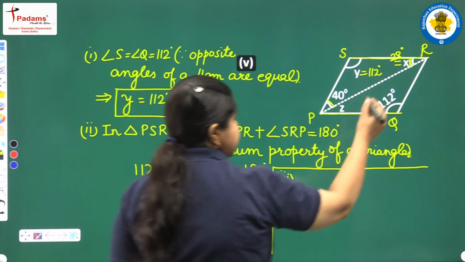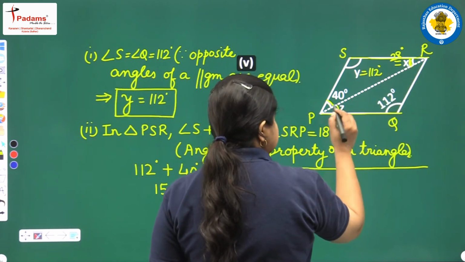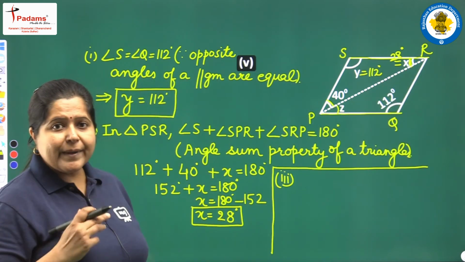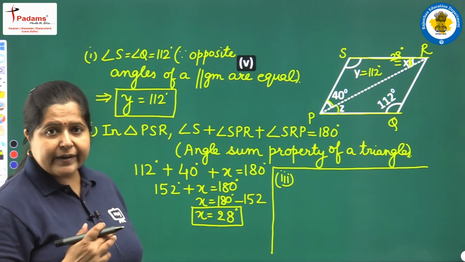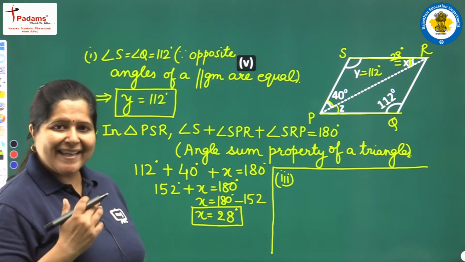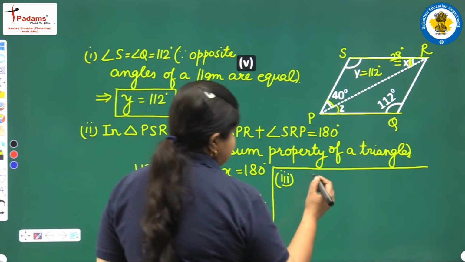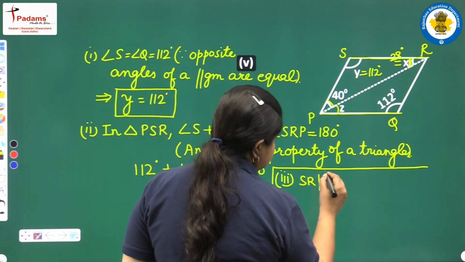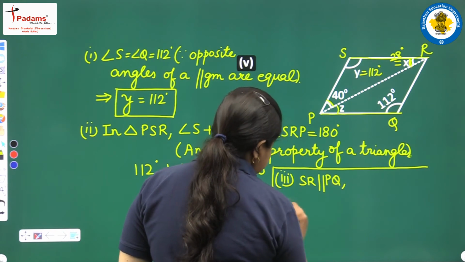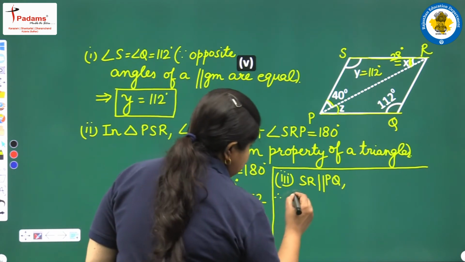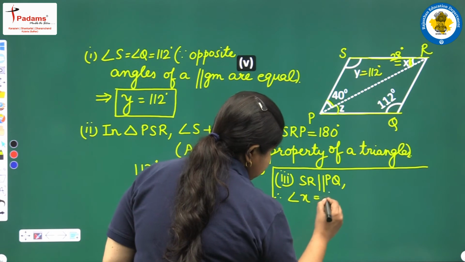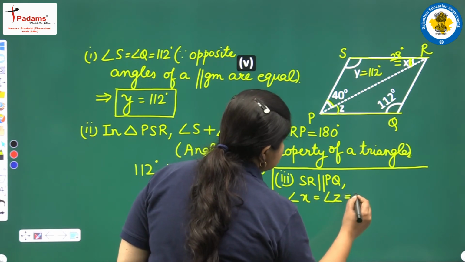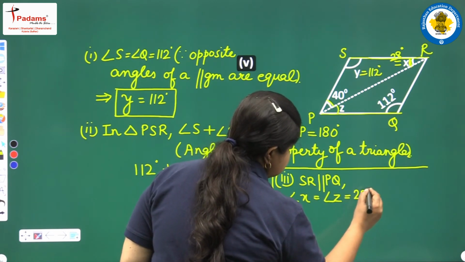So again angle X and angle Z, these two are forming a pair of alternate interior angles, and so they will be equal. We can write SR is parallel to PQ. Therefore, angle X is equal to angle Z is equal to 28 degrees.